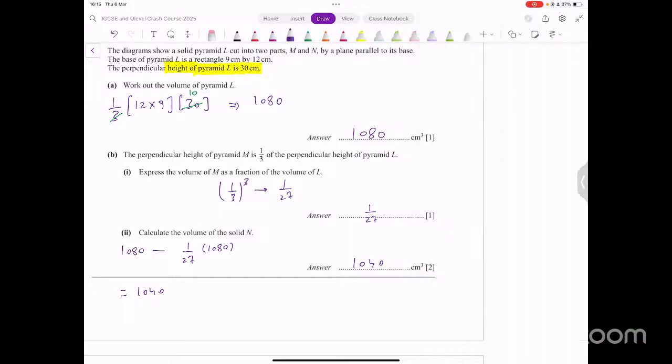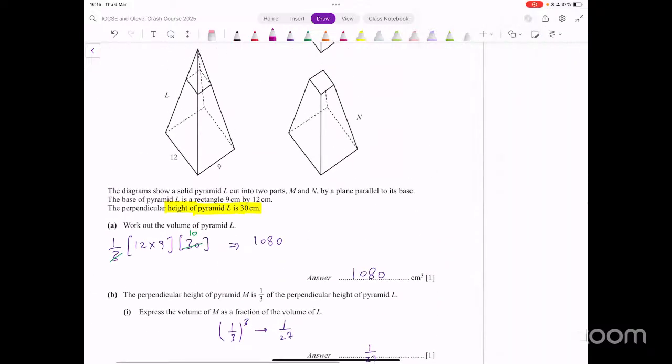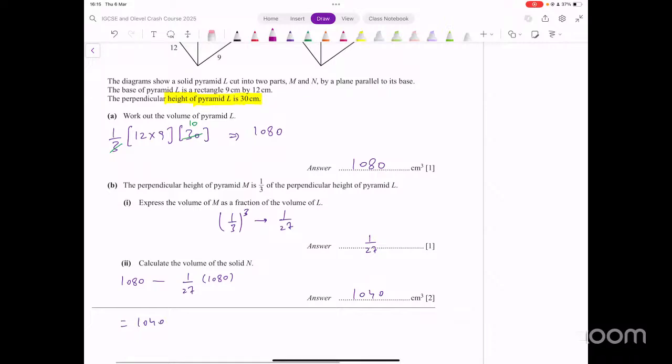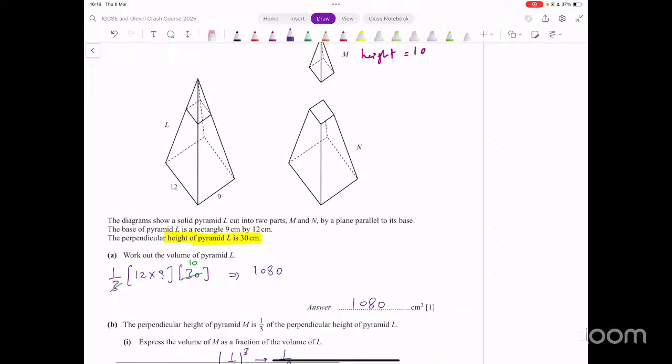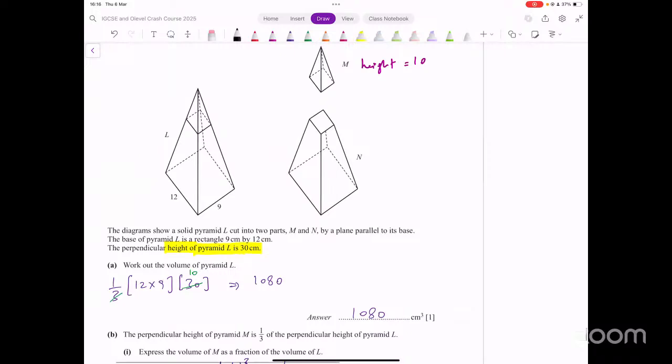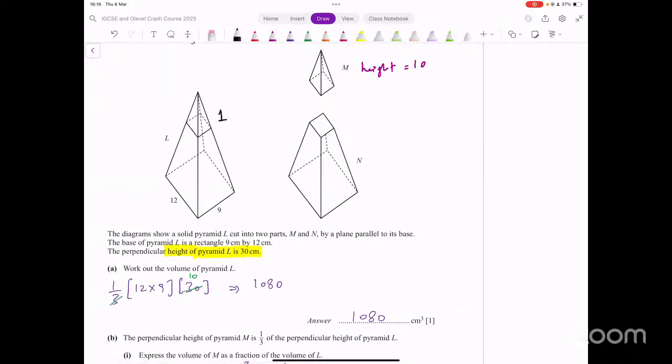Another idea could be the smaller pyramid is 1/27 of the bigger pyramid. So if we consider, for instance, that the bigger pyramid is 1, then this is 1/27. What about this remaining part? This would be 26/27.